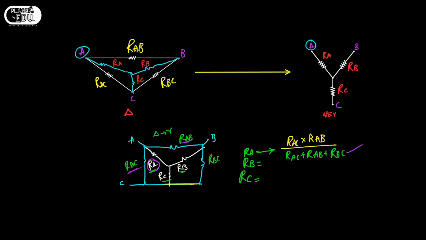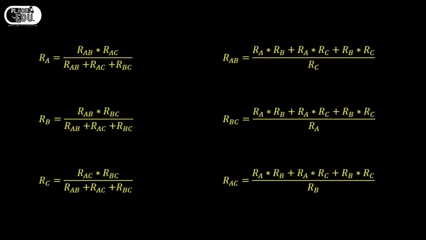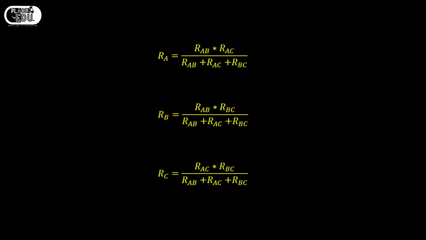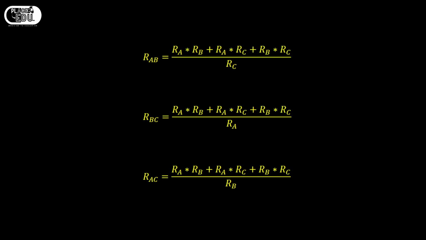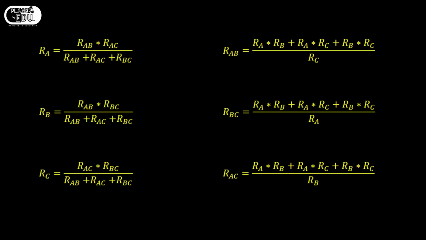So if I consider all RA, RB, RC, these will be the values. Here this is delta to star and this is star to delta. We'll be discussing it later, but see here RA, RB, RC and RAB, RBC, RAC. In this way we are going to transform delta to star.